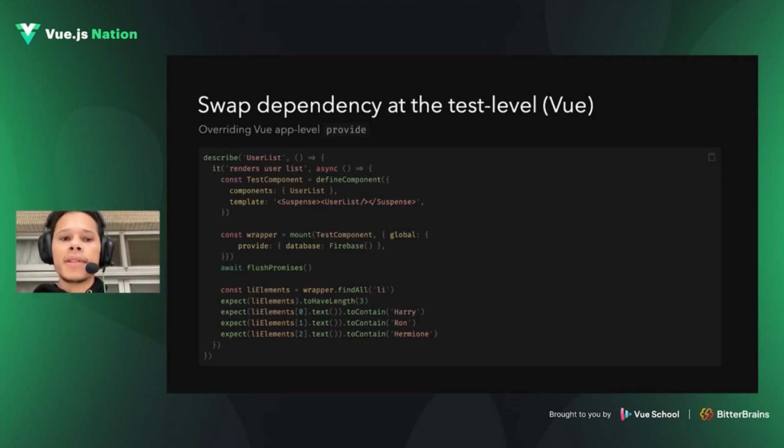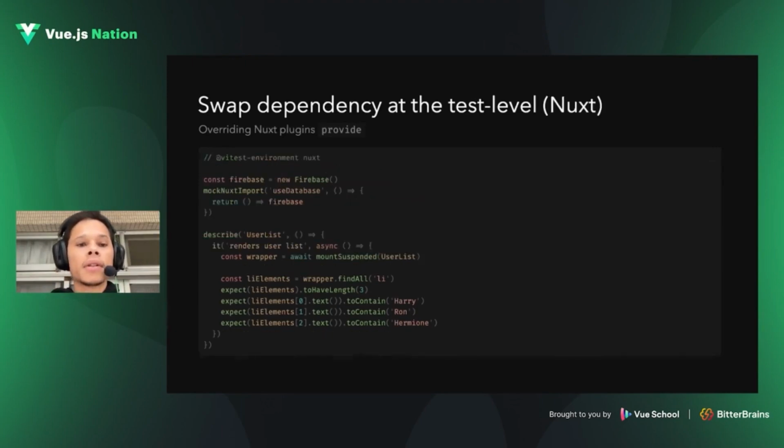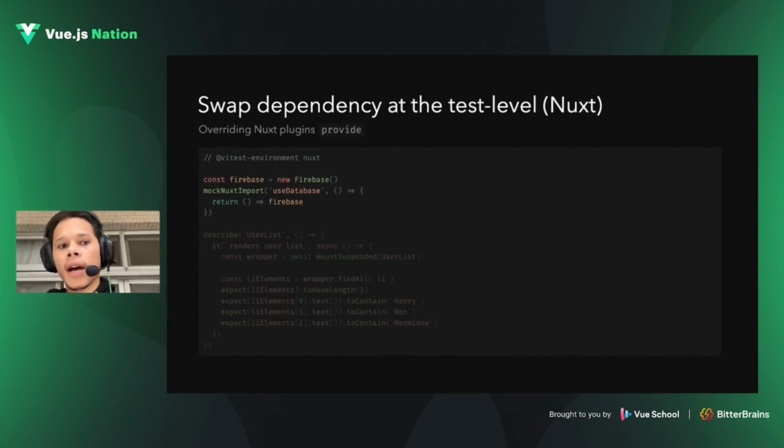Let's see the same thing with Nuxt. We can also swap the dependency at the test level when using Nuxt. But because we're using Nuxt, we're actually still relying on the mock here because, as we saw earlier, our implementation relies on the Nuxt application providing the dependency. So it needs to run in the Nuxt app and it needs to have the Nuxt app available.